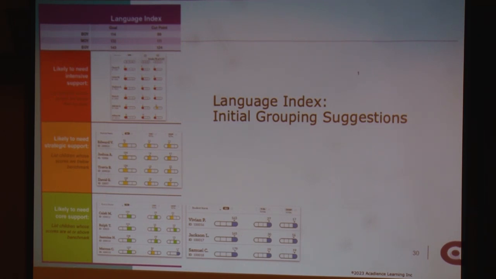So we're going to take this data, and this is initial grouping suggestions, and it seems to me there is a line that pops up there. Even in that initial group, that lowest performing kids with scores well below the benchmark, you know what, there's a gap there.